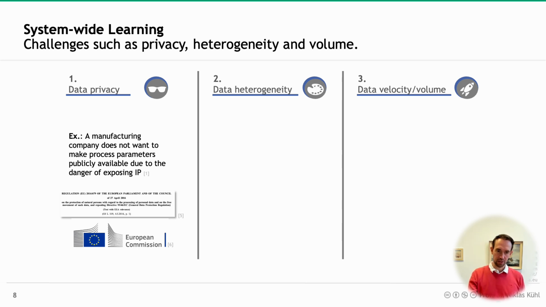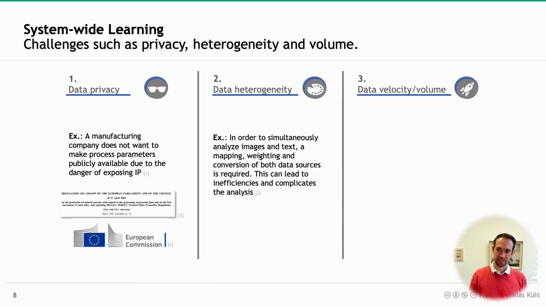The second one is data heterogeneity. If we stick to the example of the production plant, we need to simultaneously analyze a lot of different types of data. So images coming in from the cameras, where we want to make sure that the quality of the parts is satisfying.